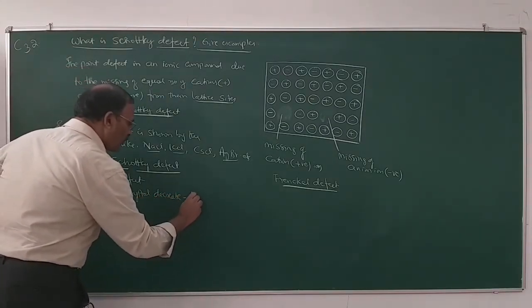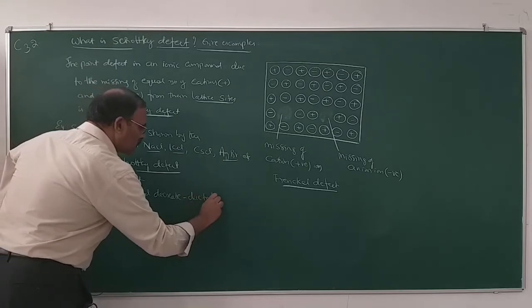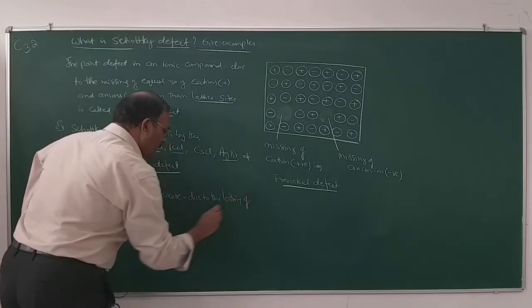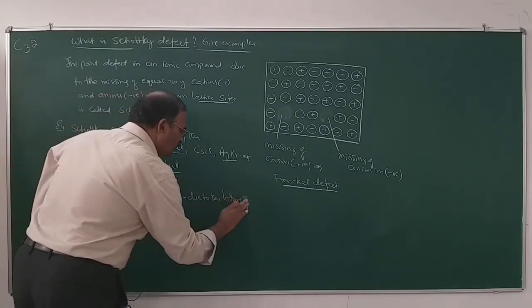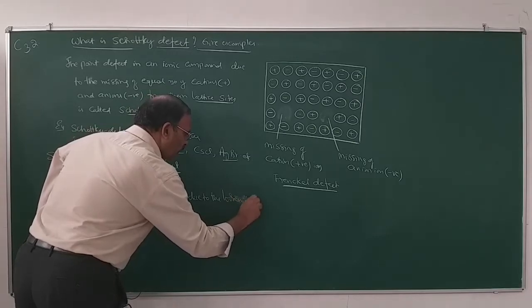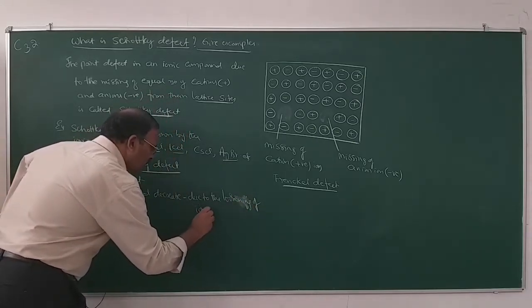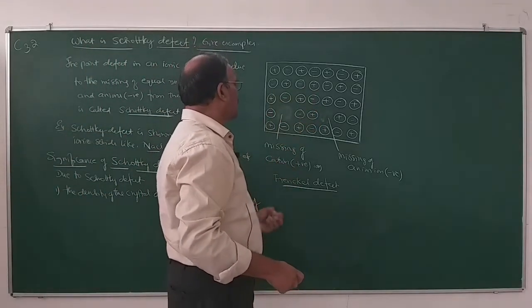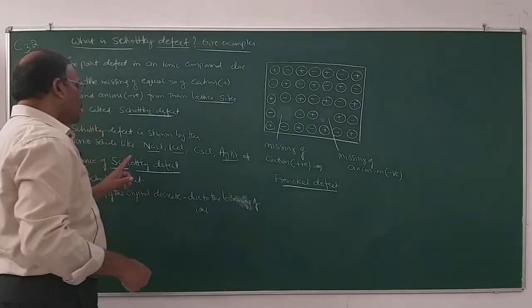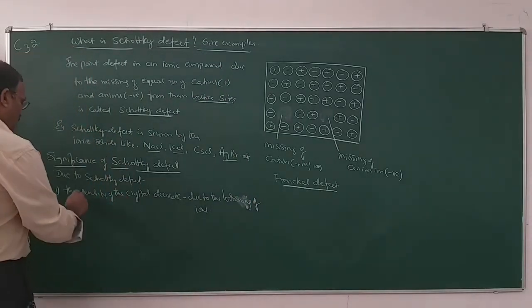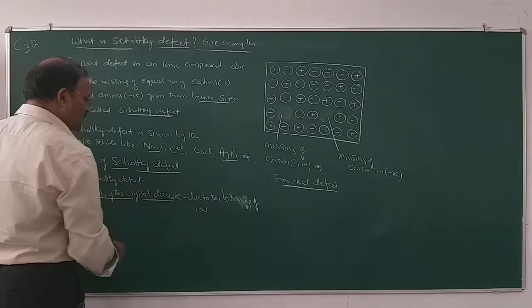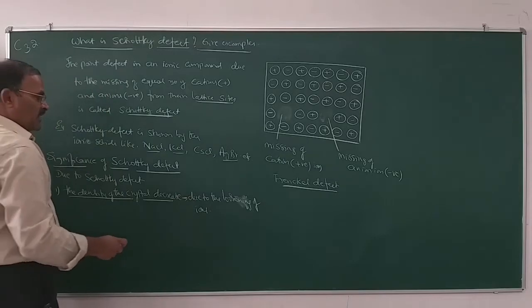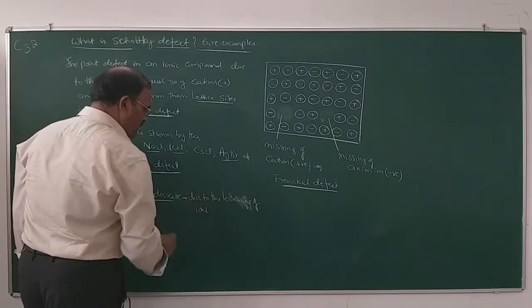Due to the missing or loosening of ions. Since there are no ions, the density of the crystal decreases due to Schottky defect.